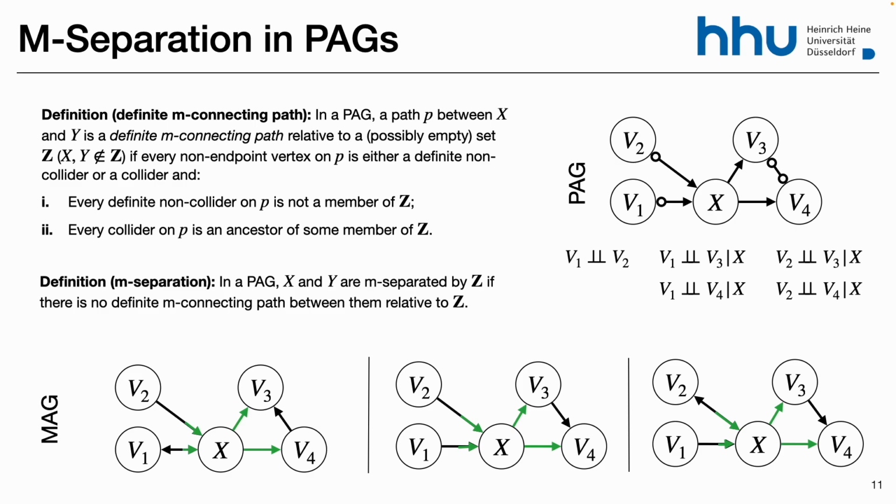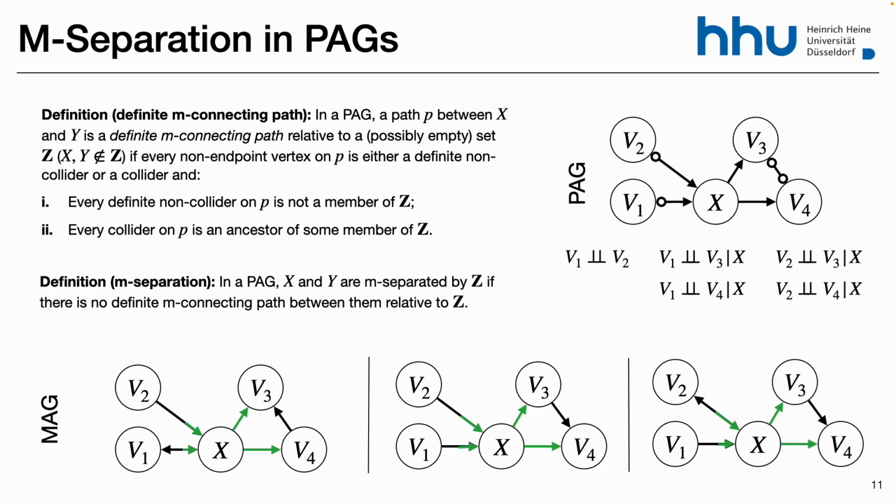By definition, a PAG represents all MAGs that imply the same set of conditional independences. So if you check later, exactly the same set is going to be implied by all three, because those three are members of this class. And this would happen with any member of the class.